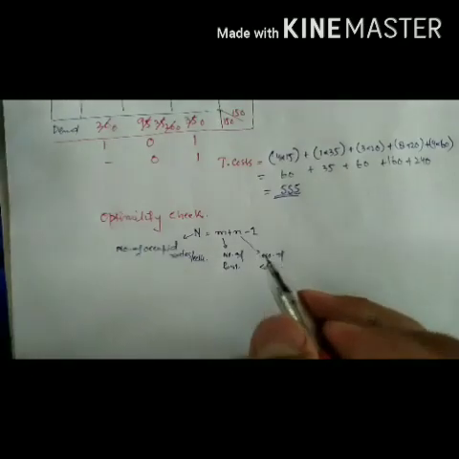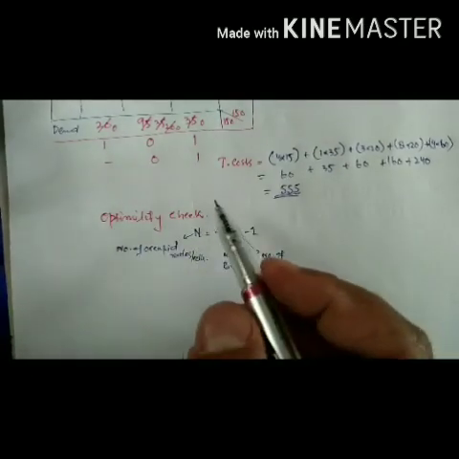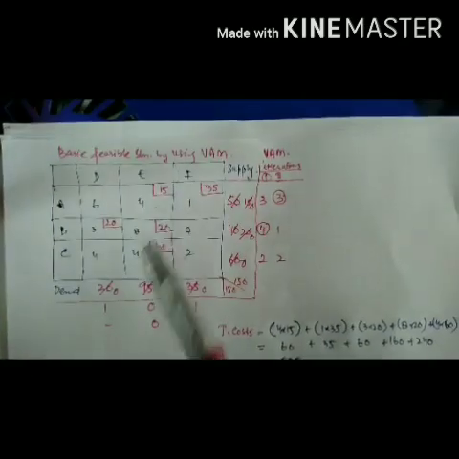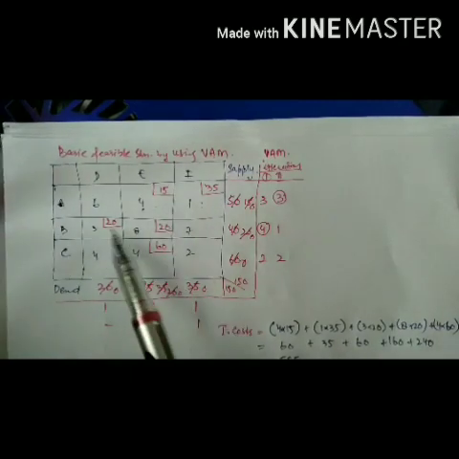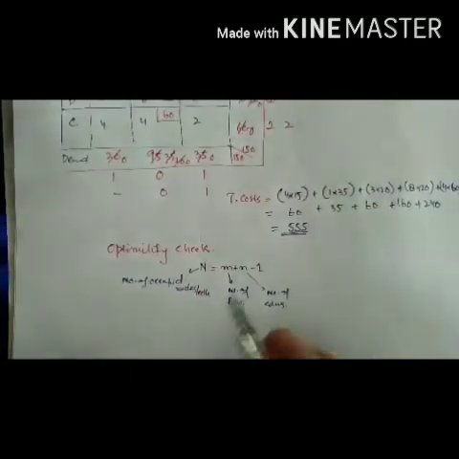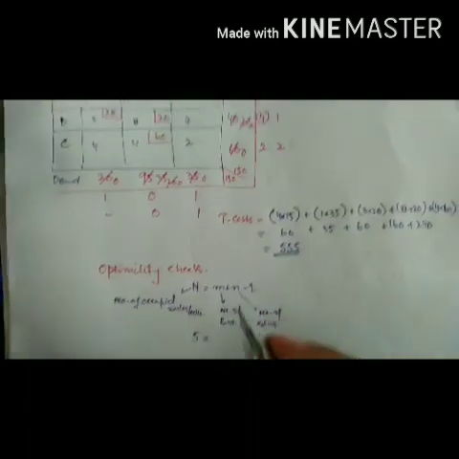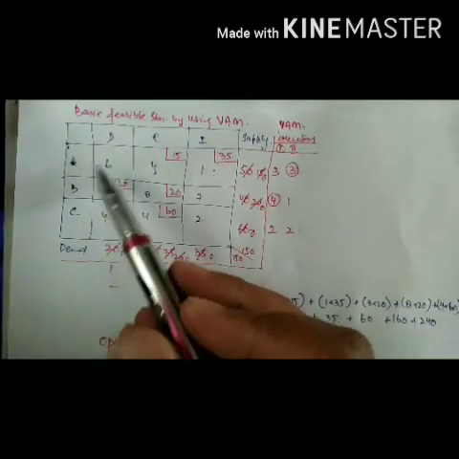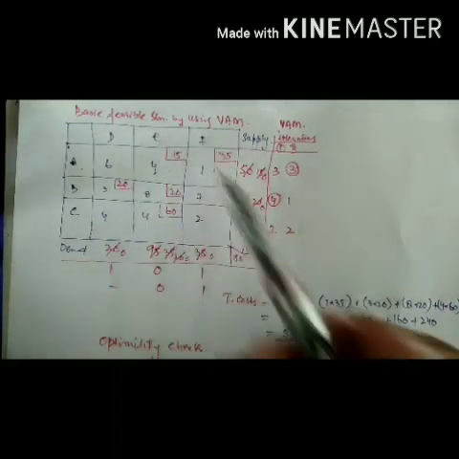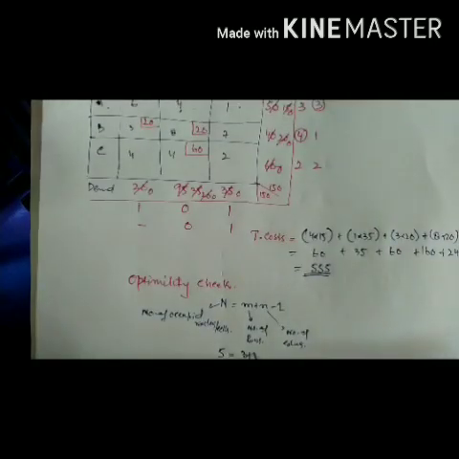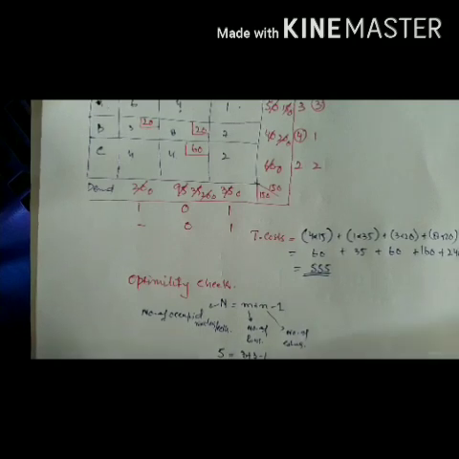Simply when we check in this example, we have got the number of occupied cells. For example, I will check here. I have got 1, 2, 3, 4 and 5. That means we have 5 is equal to how many? Rows 1, 2, 3, columns 1, 2, 3. That is 3 plus 3 minus 1. That means 5 is equal to 5. This condition is satisfied.